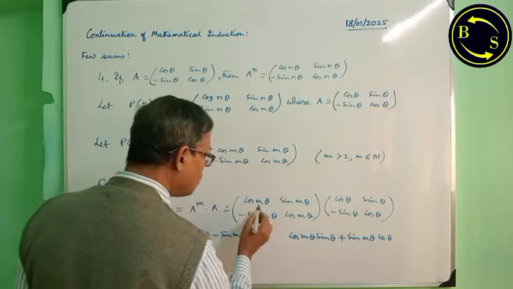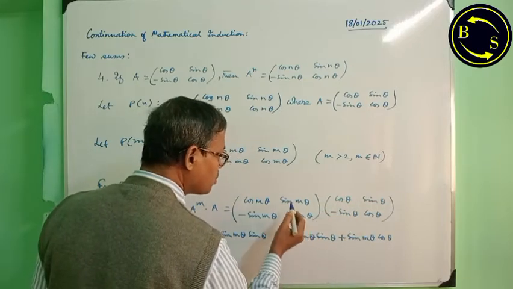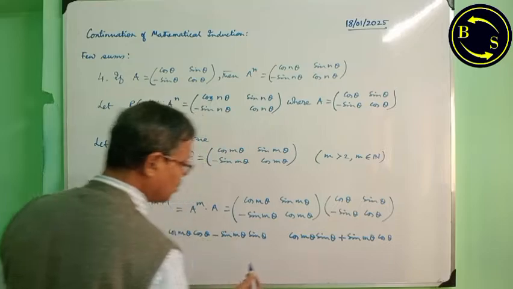Next we have got this one by multiplying cos m theta with sin theta plus sin m theta cos theta.